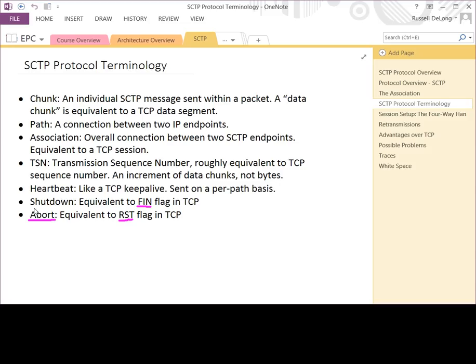In the same way, the shutdown chunk in SCTP is considered a graceful disconnect between the two peers. If you send a shutdown, you're saying you're finished sending data, not necessarily that you aren't able to receive data. And an abort is equivalent to the RST flag in TCP. An abort is the opposite: it's closing the door on the other side, saying this session is over, or in SCTP terminology, this association is over.